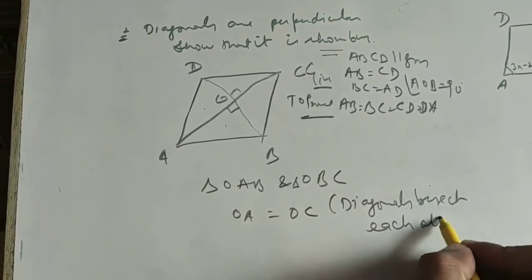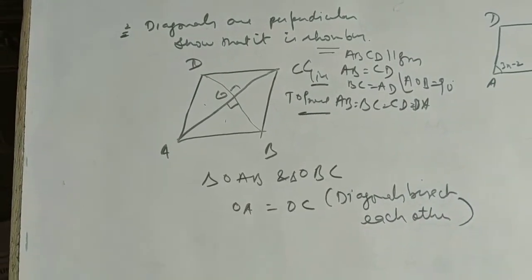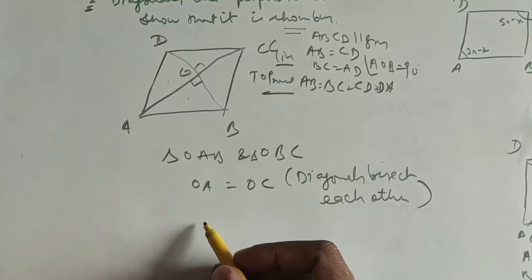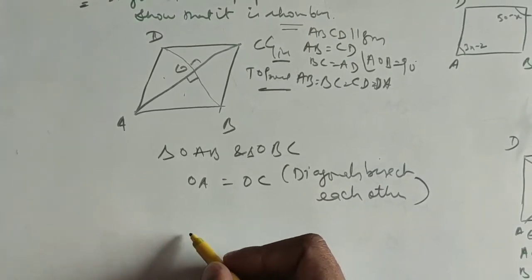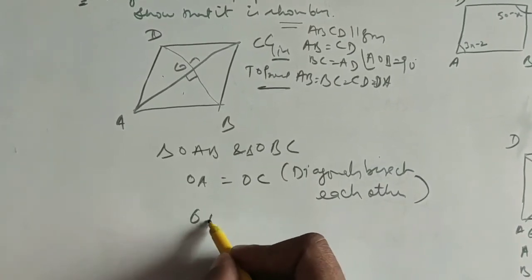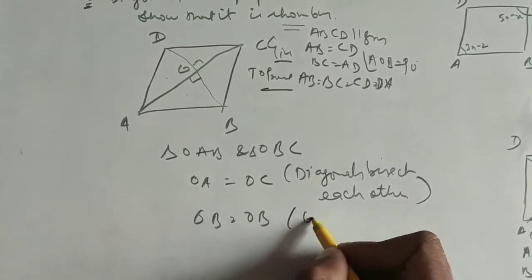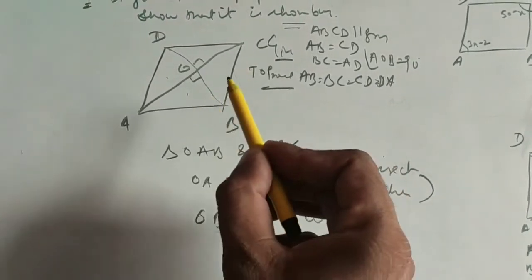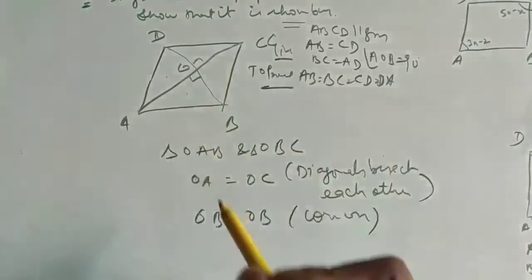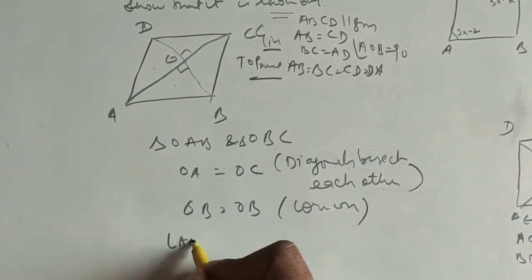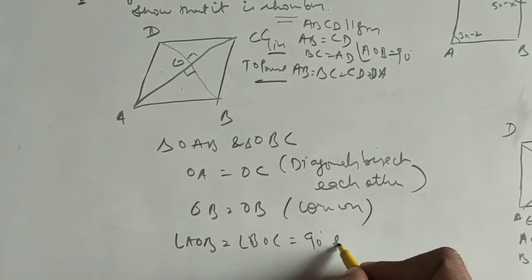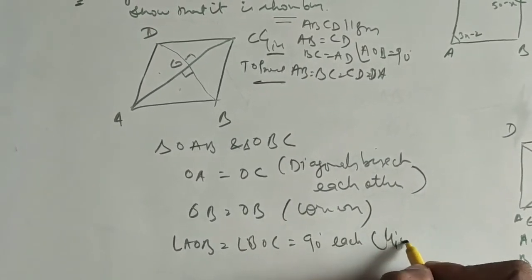Similarly, OB is equal to OB, common to both the triangles. And we know that angle AOB is equal to angle BOC, 90 degrees each. This is given to us.